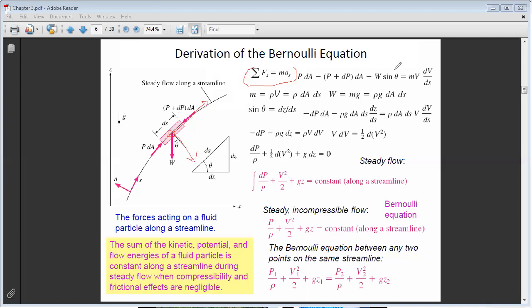I have pressure forces on these sides. First, we consider the forces along the streamline. You have pressure forces on all faces. Here on this face, let's say you have P dA. On the following face, you have P plus dP times dA. And you have the gravity force. Now we will project the gravity force along the streamwise direction.